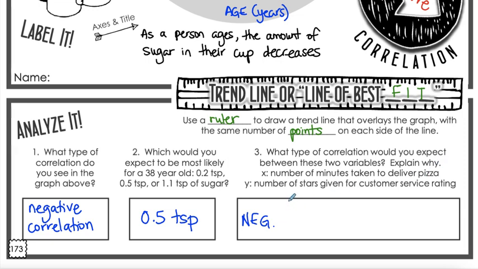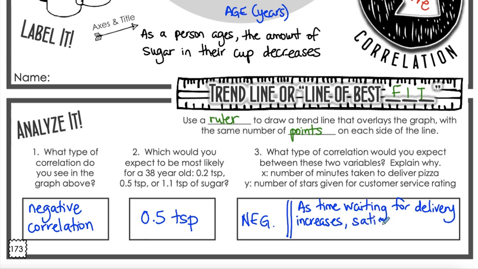What's the reason of that? Well, I'm going to say that as the time waiting for the delivery increases, so the longer you have to wait, satisfaction will decrease. So your satisfaction level decreases.